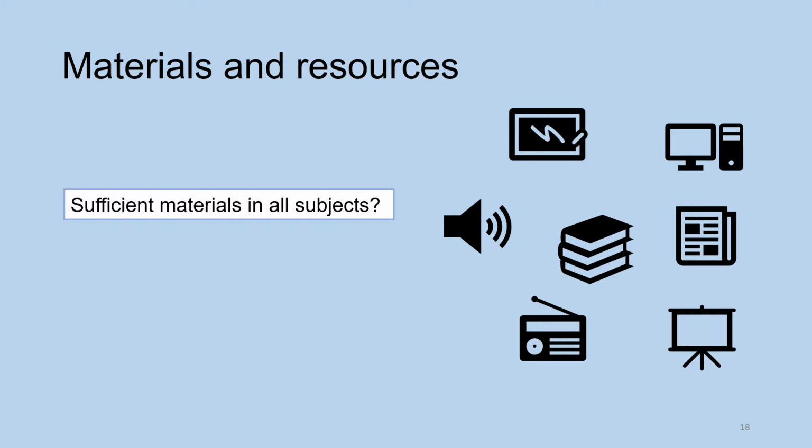Another issue has to do with materials and resources. Are there sufficient materials for both the minority and the majority language in all subjects? Quite often there's a lack of materials in bilingual programs, and teachers are forced to produce their own materials.